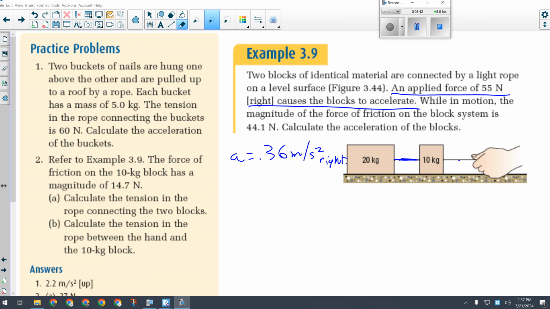So this is what I'm going to do. You told me in this question that the 10 kilogram block has a force of friction acting on it of 14.7 newtons. The 10 kilogram block is being pulled this direction by the hand, 55 newtons.